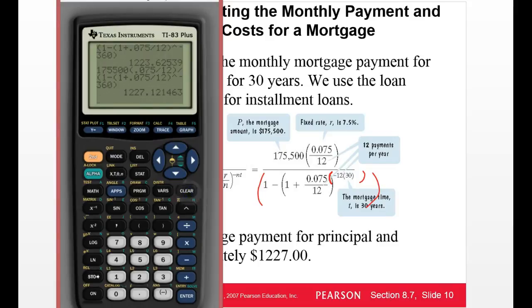So if I take $1,227 and multiply that by 360, because that's how many monthly payments I'm going to make, that's the total amount I'm paying to borrow this $175,500. There's the interest that I'm having to pay back on this thing.